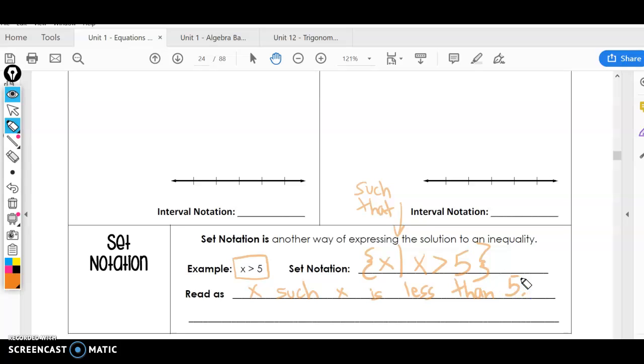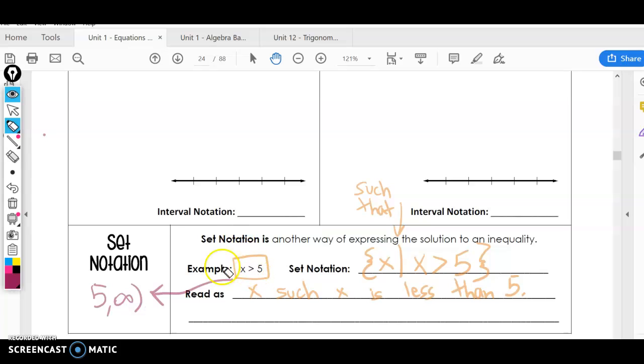The reason why we do set notation is it basically just defines your variable, saying that x is what I'm working with, x is my variable, and for all those x's, my answer is everything bigger than 5. Most of you will probably like interval notation better. This written as interval notation is 5, and then everything bigger than 5 all goes to infinity.